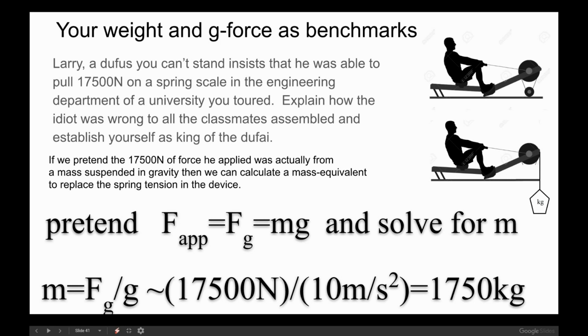That's like a Honda Civic fully loaded with passengers. There is no way anybody can do 1,750 kilograms in the history of Earth. Nobody has done that. But when I tell you it's 17,500 newtons, you're like, because you haven't worked with them much. So knock a zero off and instantly you understand the magnitude of that force, what it's really telling you.